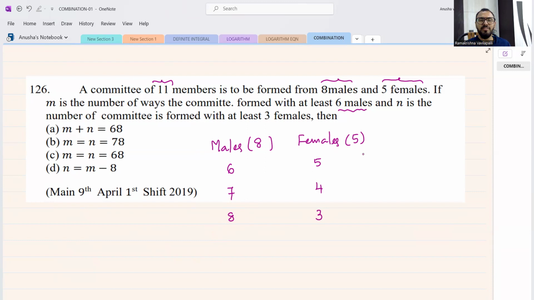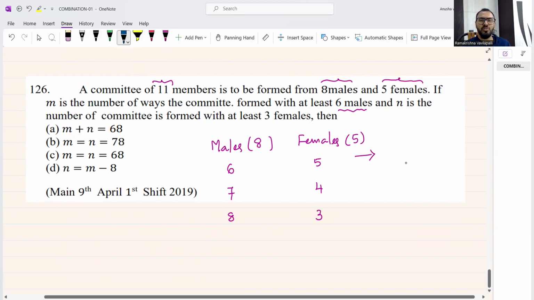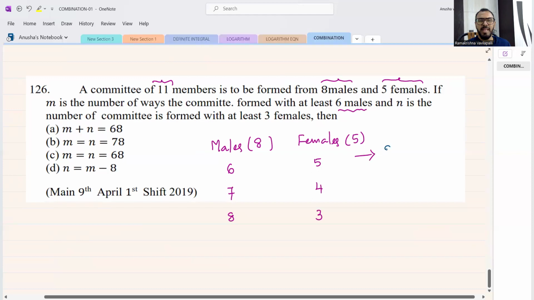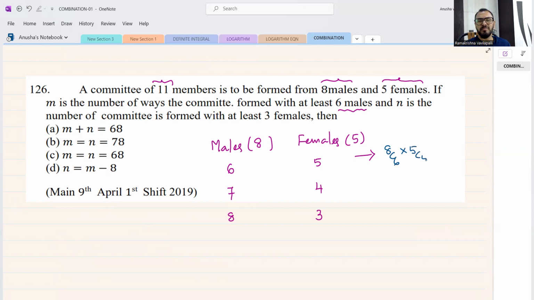So now, for this, you have to select 6 males out of 8 males. So therefore, this can be done in 8C6 into 5C5. This is equal to 28.